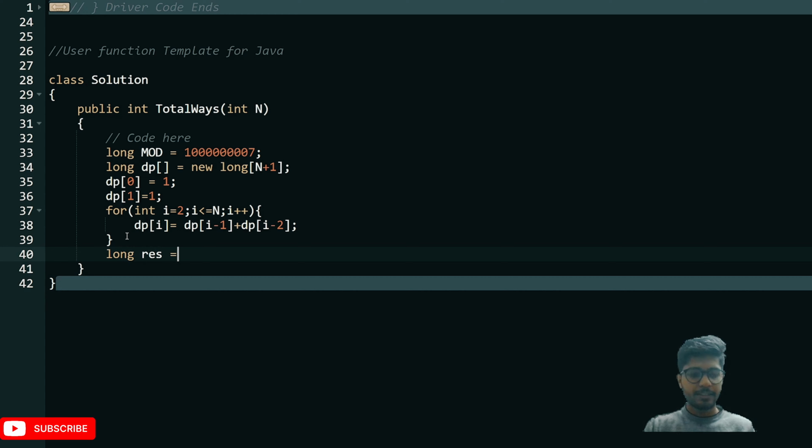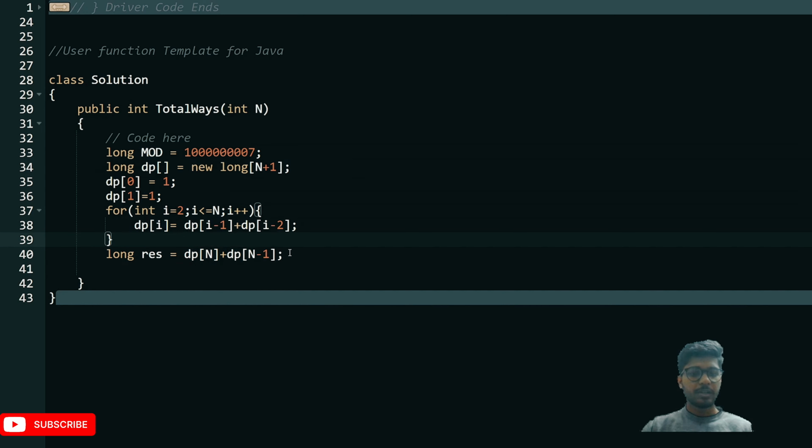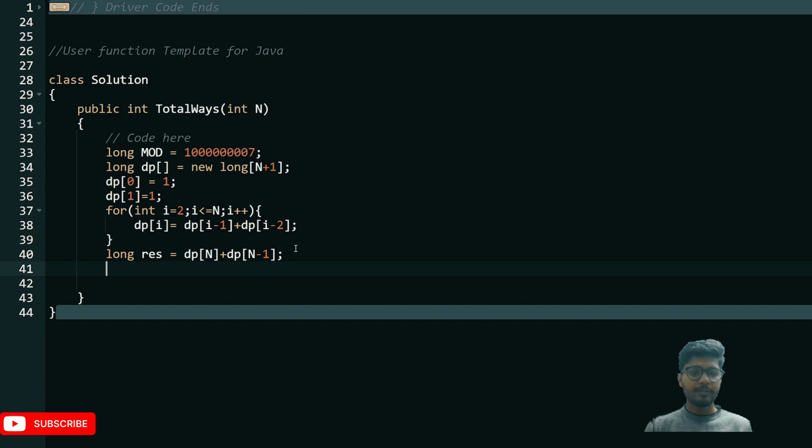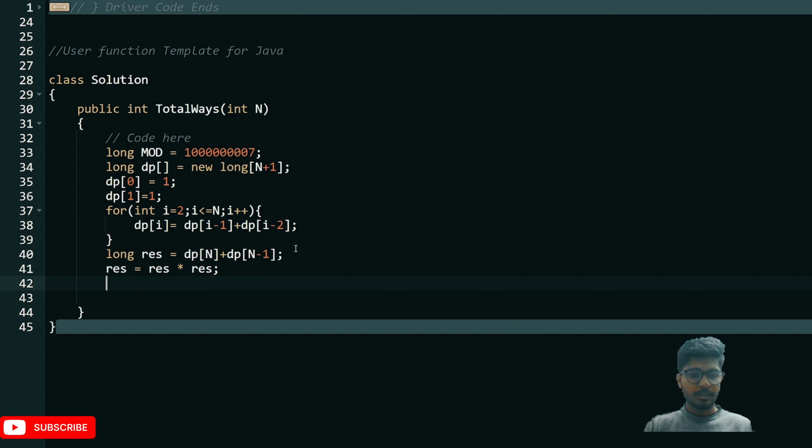Let's take a variable res where we will store the last two values of our series, that is dp of n and dp of n minus 1. By this we will get the total number of ways for one side of the road, and then we will square it to get the total value. So res equals res into res, and at last we will return our calculated value.